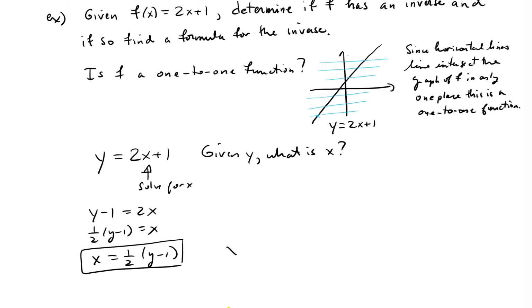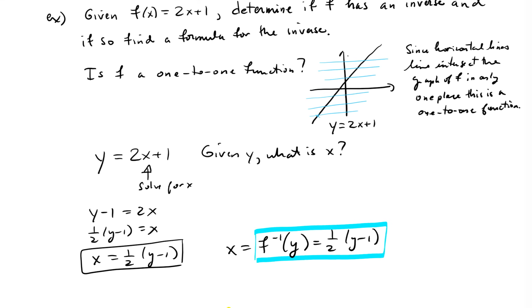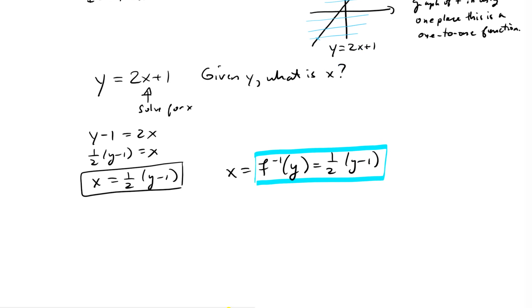So I could write x is f minus 1 of y. That's my inverse function, which is 1/2 y minus 1. But usually we like to have our functions written so that the input is called x. So we're going to rename this. If I just focus on what I just framed, I'm just going to replace y by x.